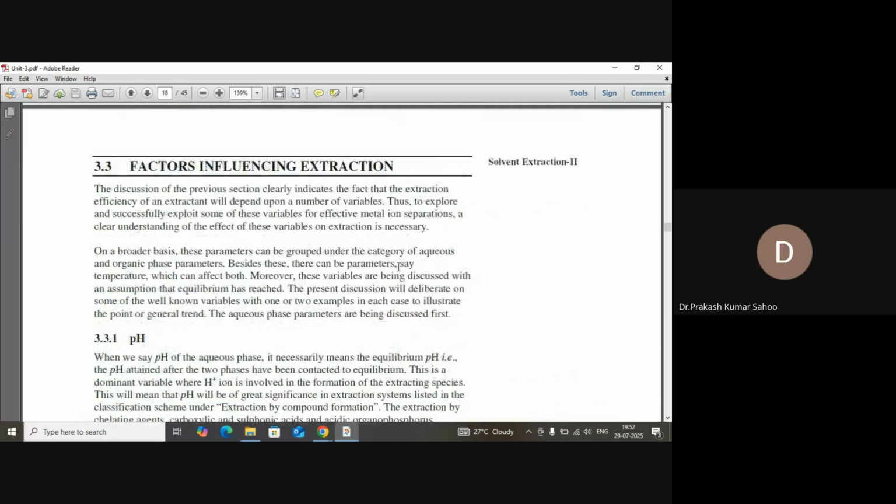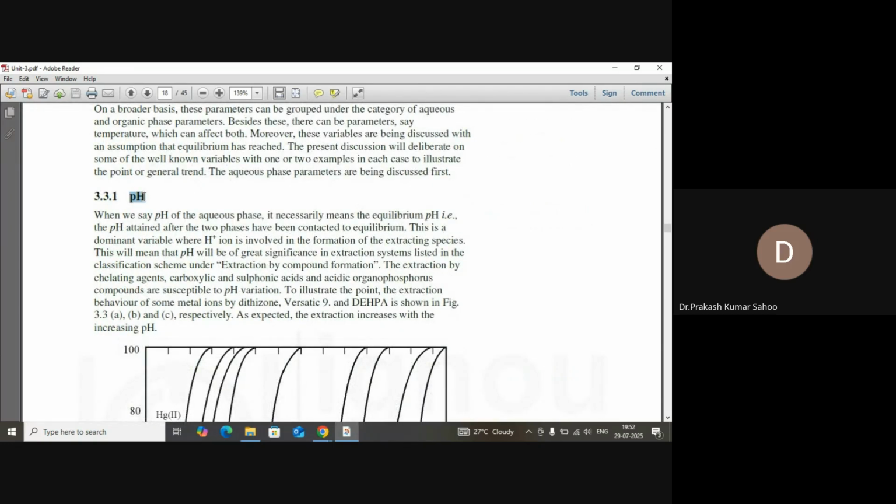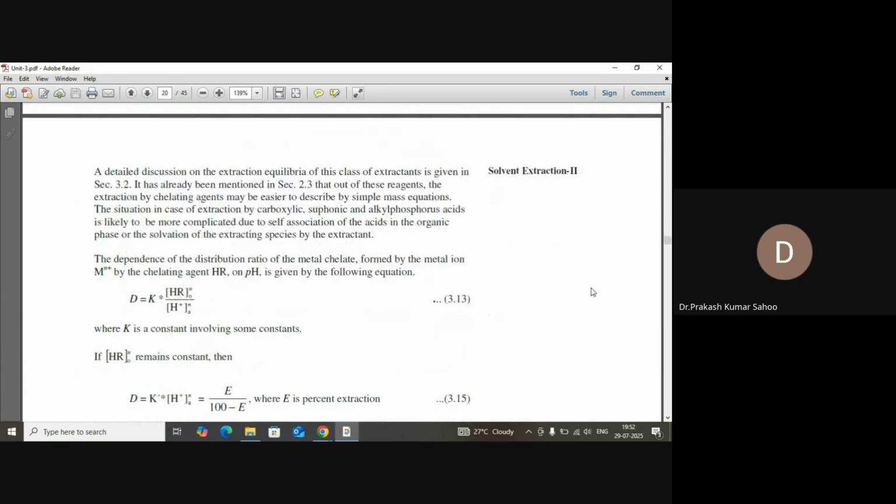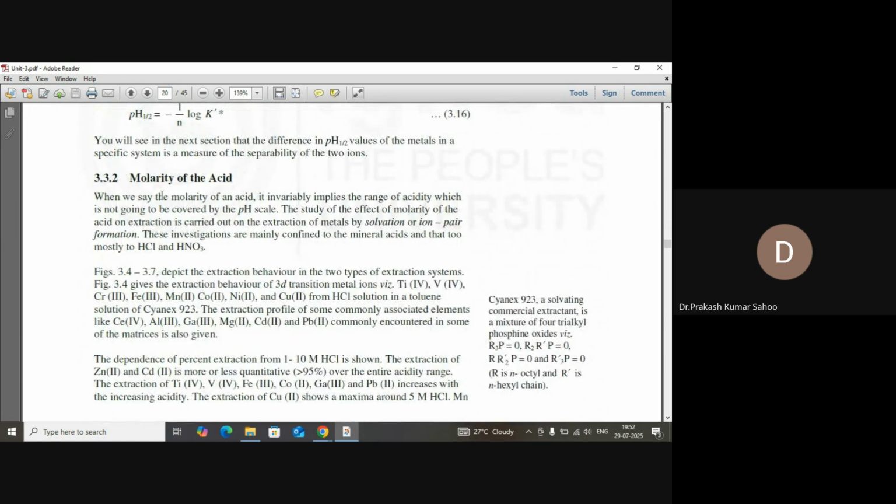Then the factors influencing extraction: pH. It is the scale used to measure the acidity or alkalinity of a solution or a substance, and the pH equation is minus log of H plus ion concentration. This ranges from 0 to 14, and if it is less than 7 it is acidic, greater than 7 it is alkaline or basic, and if it is equal to 7 it is neutral. Then molarity of acid.